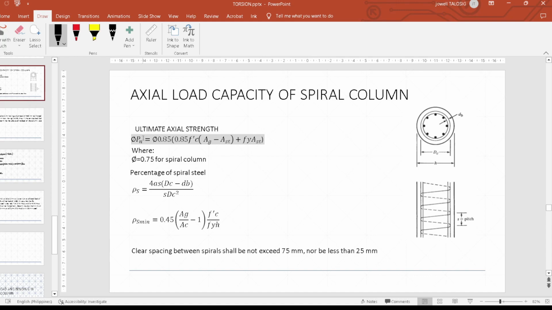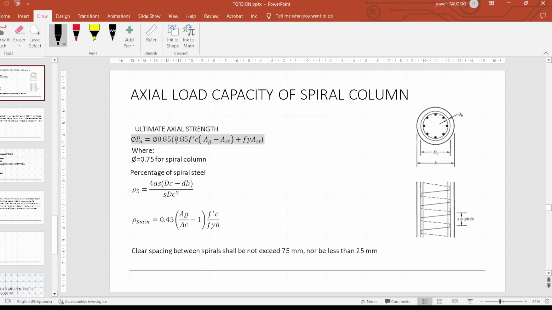So ang pagkakaiba lang ng spiral column sa tied column is yung mga minumultiply nating factor sa nominal strength nila, no? So, yung unang-una dito yung reduction factor, no? And yung 0.85 na nandito po sa ating formula, as you can see here.